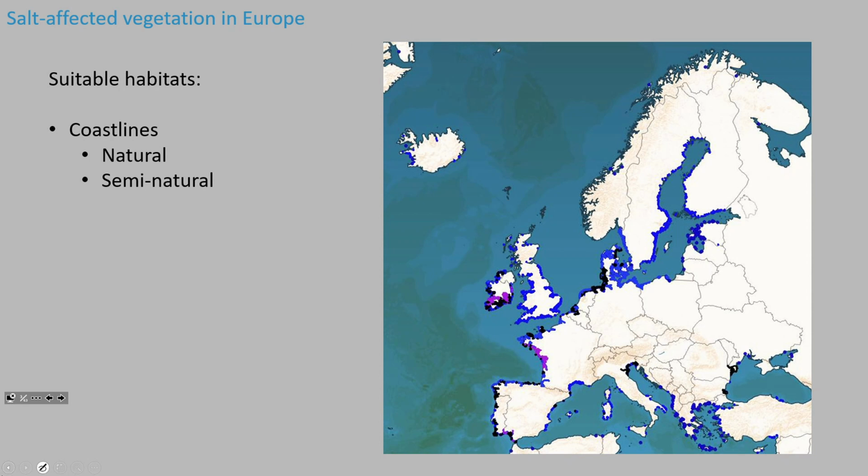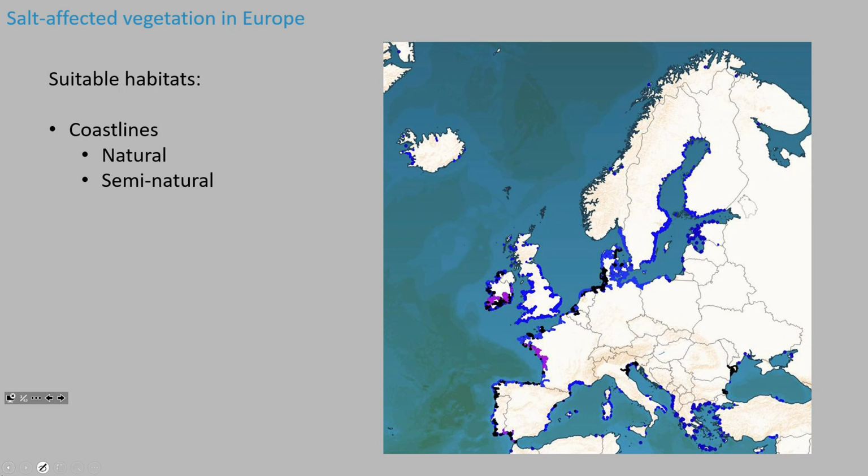We miss them somehow here in the north, mostly because the coastline is just too rough. There's no suitable habitat for them to develop, but we find them along the whole Baltic Sea coast.